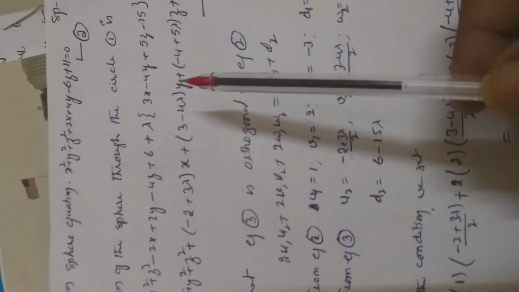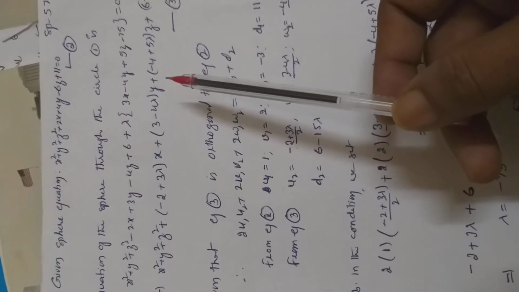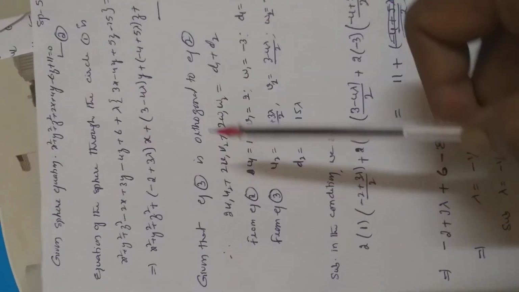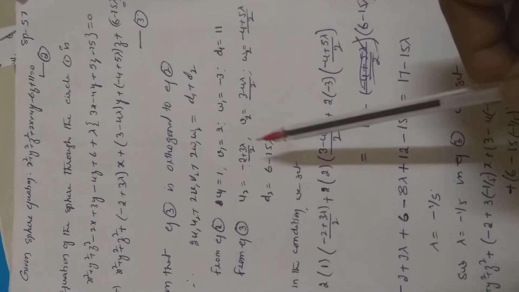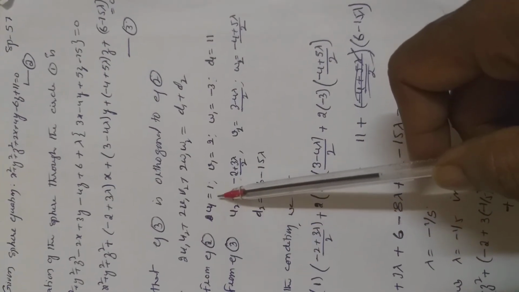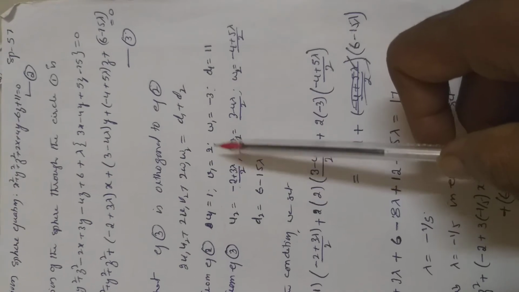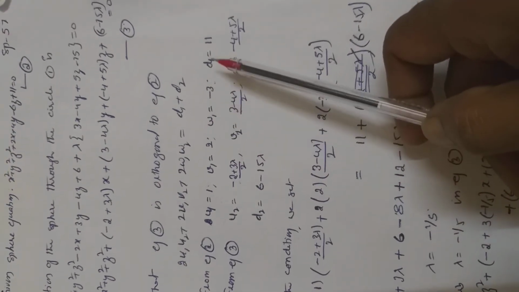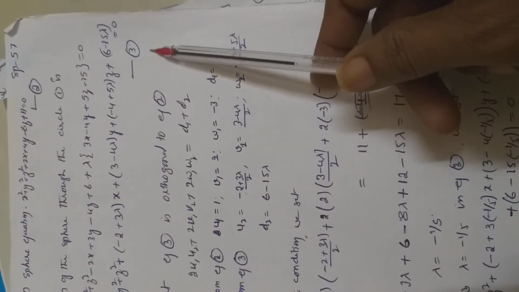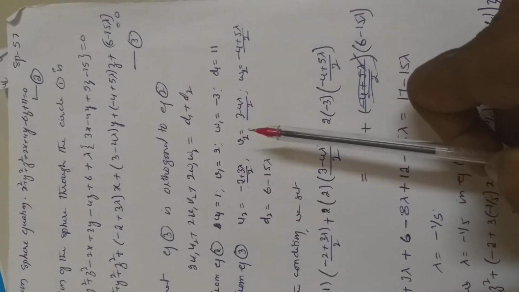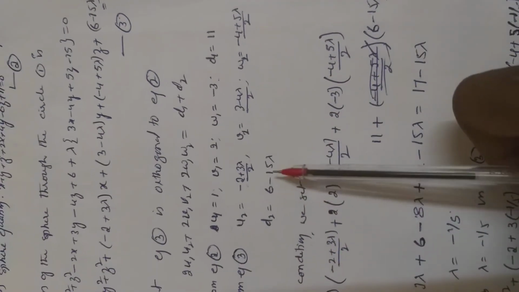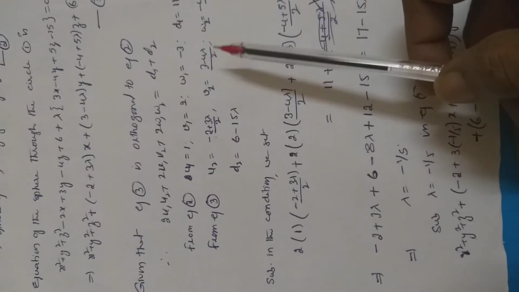From equation 2, I write the u1, v1, w1 and d1 values, and from equation 3, the u2, v2, w2 and d2 values.